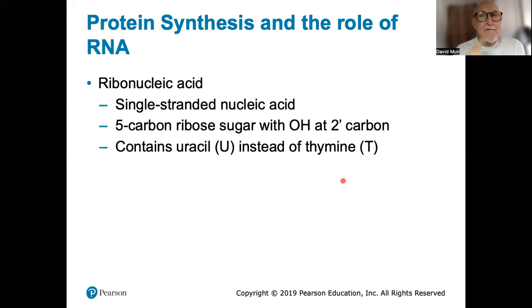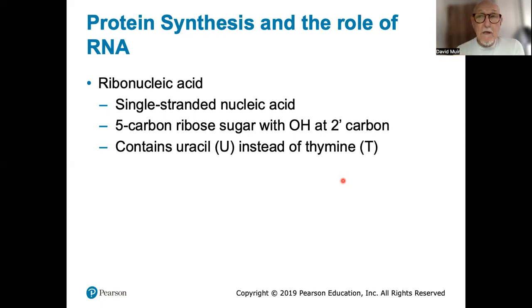So somehow we have to be able to take a code in nucleotides and translate it eventually into a sequence of amino acids. And that sequence is extremely specific, and it is determined by the sequence of bases in the DNA. But to move from DNA to the polypeptide, that requires several rather complex steps.